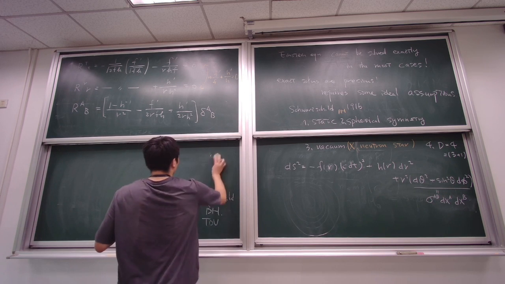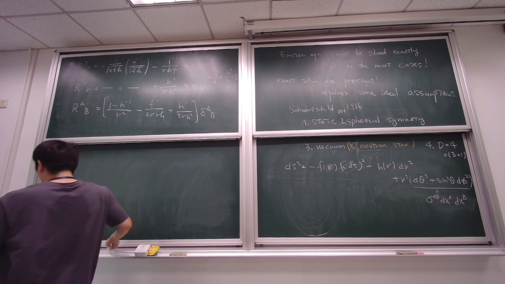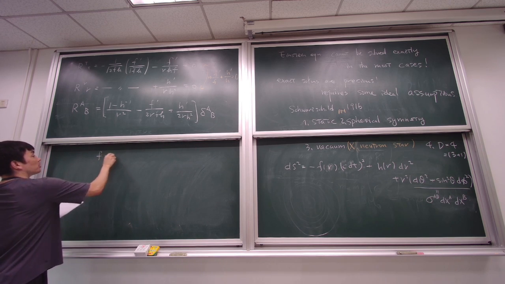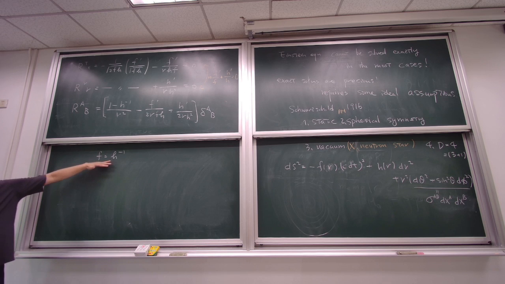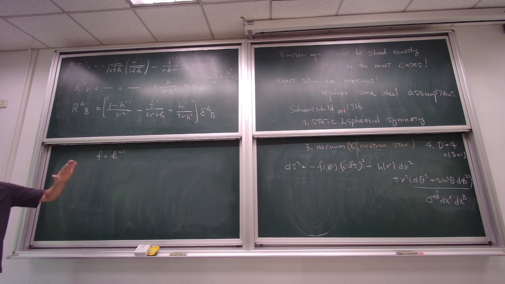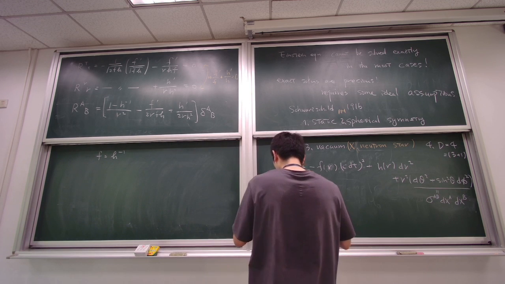And if you solve this equation, you immediately see that f is equal to h inverse, up to some scaling factor of time. That is very easy to solve. The integration constant and so on can be absorbed into a redefinition of the time coordinate and radius.